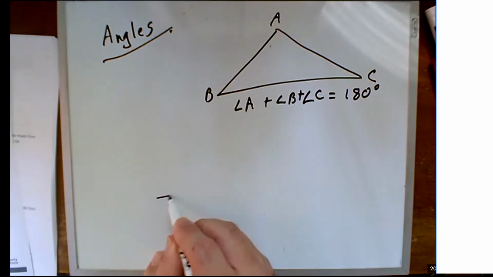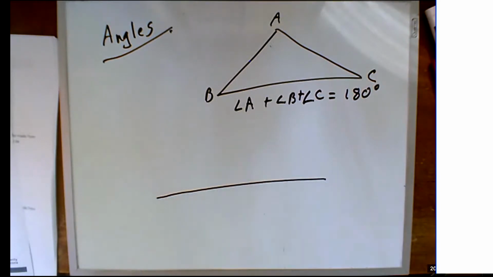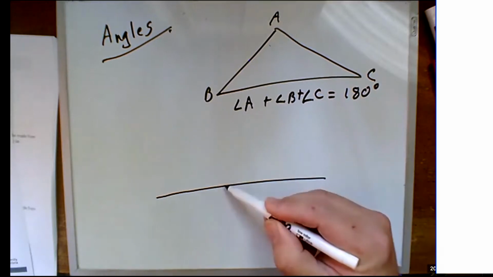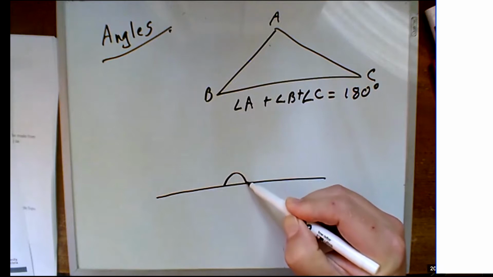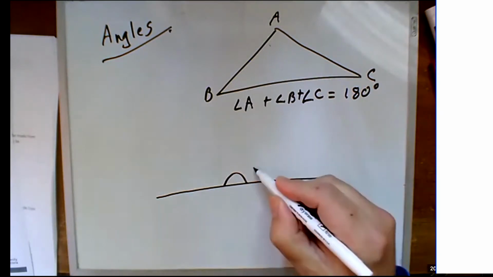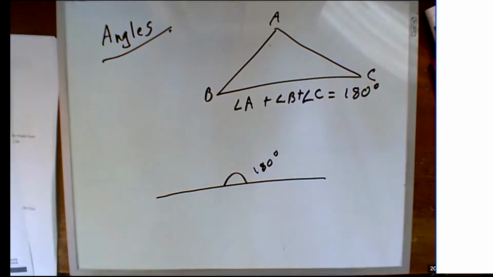Interestingly, it's the exact same thing with a straight line. A straight line also kind of represents half a circle. If I was trying to draw the angle of this line, I could draw an angle marker like that, which looks exactly like half a circle. And half a circle is, of course, 180 degrees.